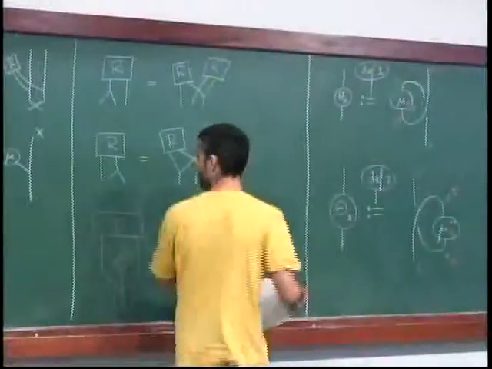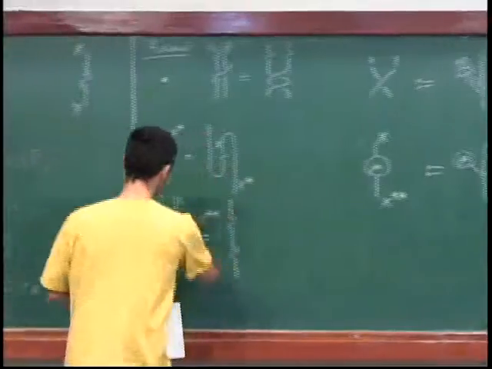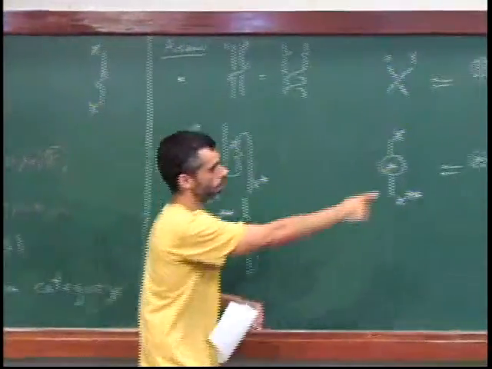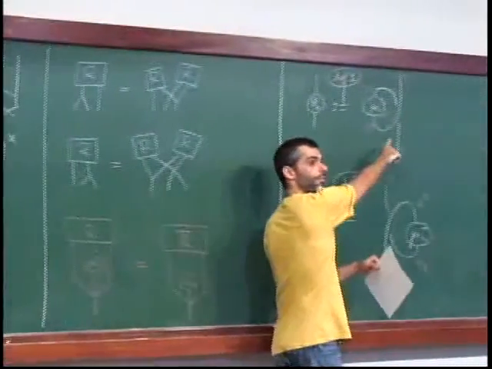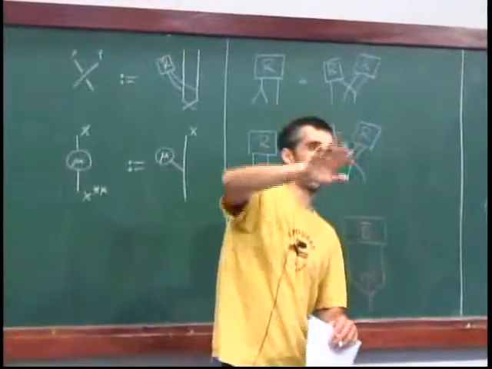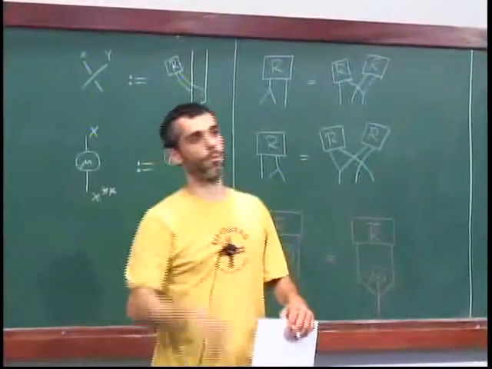Well, I think it has to do with which way the loop is. If the loop is on the left, then it's going to be equal to the one with the loop on the left. But there's no way of ever taking a loop on the left and making it be a loop on the right.